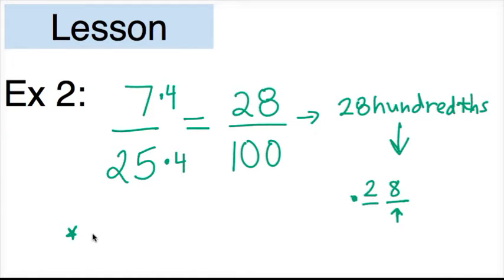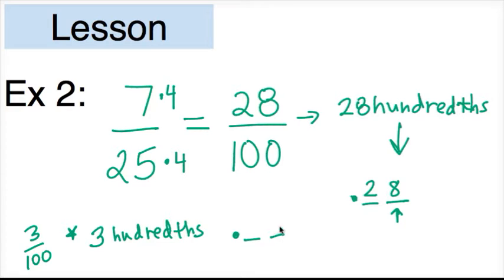So on a side note, if my fraction was 3 hundredths, what I would do to make my decimal is I know hundredths is the second place after the decimal. So I take my digit 3 and I put it in the hundredths place. There's nothing in the tenths place, so I put a 0.